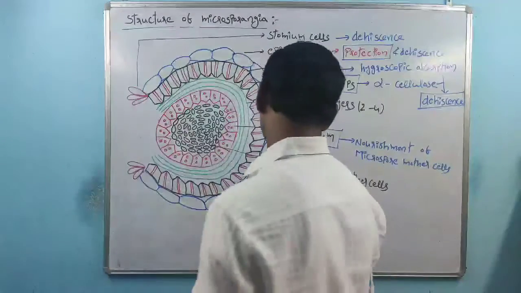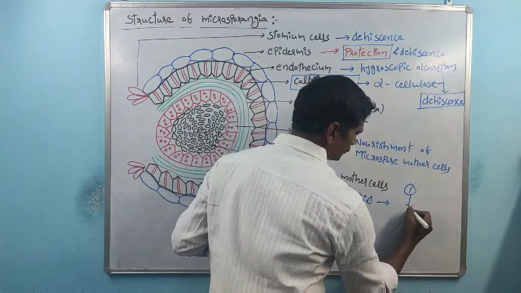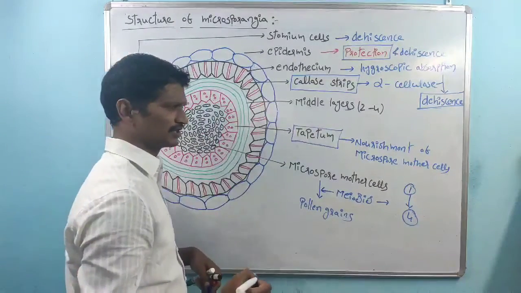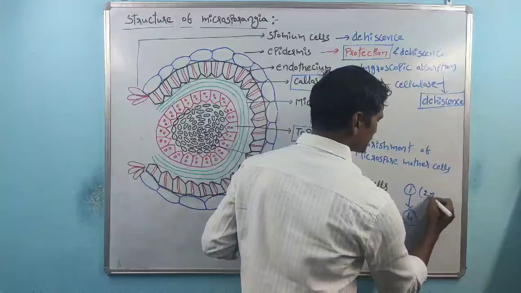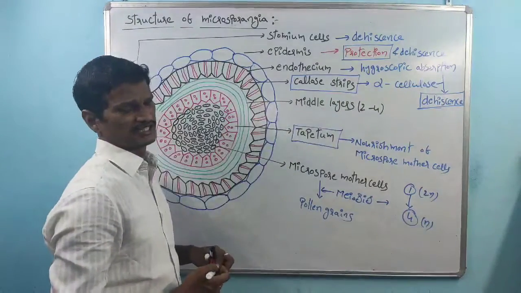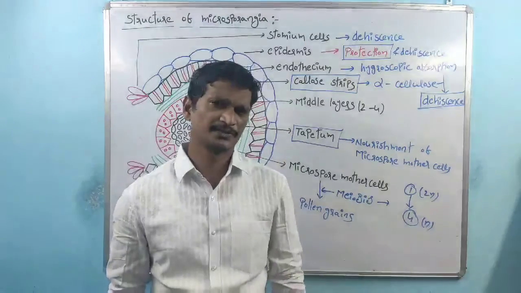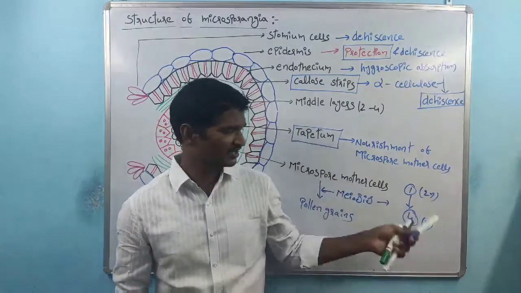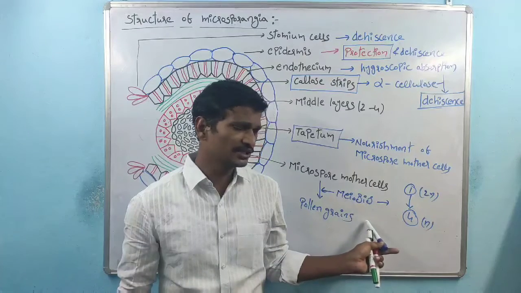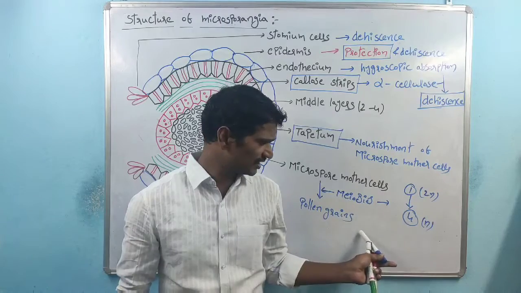We know that in meiosis, one parental cell produces 4 daughter cells. These haploid cells are nothing but pollen grains. Here within the microsporangia, the microspore mother cells undergo meiosis, which produces the pollen grains.